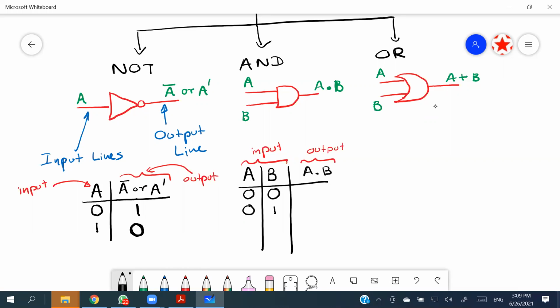Another scenario is where A receives 1 while B receives 0. And someone may say A is receiving 1 and B receives 1 as well. Can we have combinations other than this? No, right? So there are only 4 things that we can do.